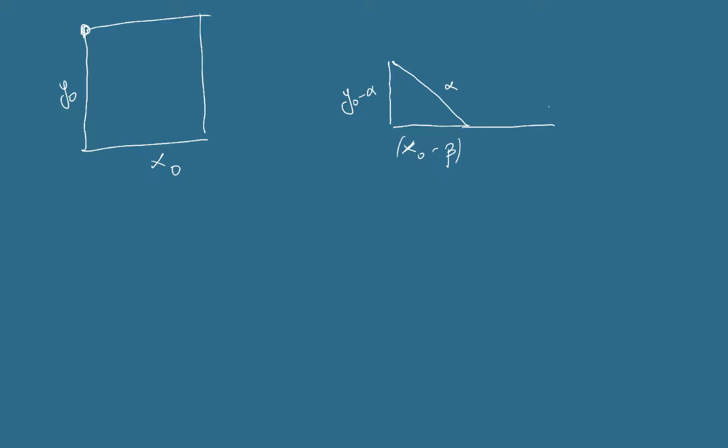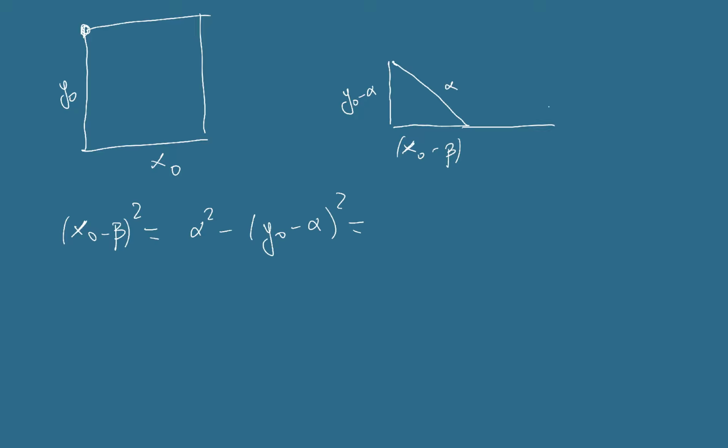Now, the Pythagoras theorem says that this side, x0 minus beta squared, is equal to L, alpha squared minus y0 minus alpha squared.